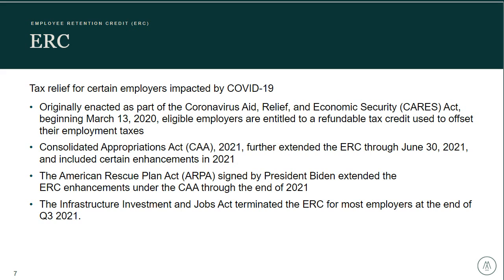But then the legislature got cold feet, and in the Infrastructure Investment and Jobs Act, they actually cut that short. So it really ends after Q3 of 2021, where we're at today. There is some discussion of some lobbyists trying to reinstate it. It doesn't seem like that's getting much traction, but it is still a conversation that's going on.